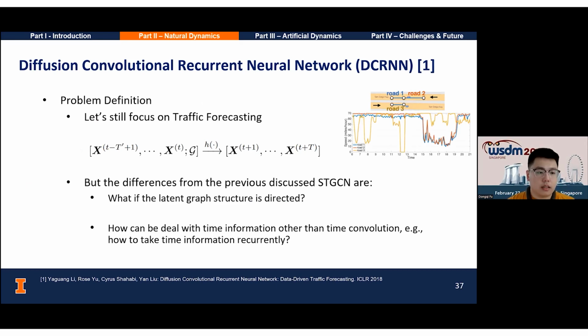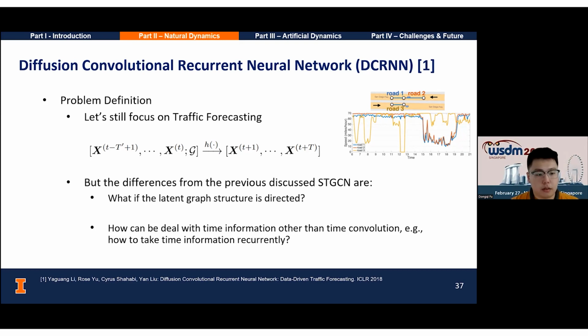So here is the formal problem definition of the DCRNN work. Still, we are focusing on traffic forecasting. We have the features from the past, for example, t minus t prime plus 1 until t, with a latent timely shared graph structure. And we are going to learn an H function to predict the future features, for example, the traffic volume.